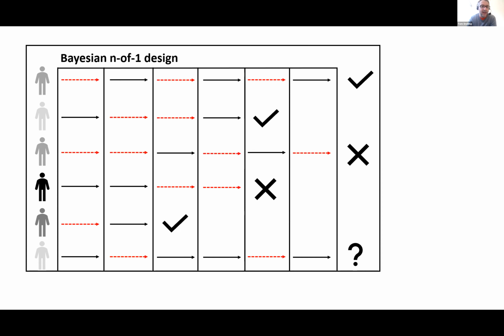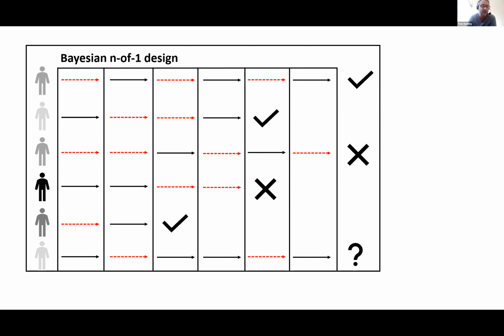And so the idea of an N of 1 design is that you randomize, everyone effectively receives the treatment, and typically they would receive a matched placebo as well, and they're effectively alternating on and off the treatment and the placebo over time, where the order in which they receive treatment and placebo is randomized.